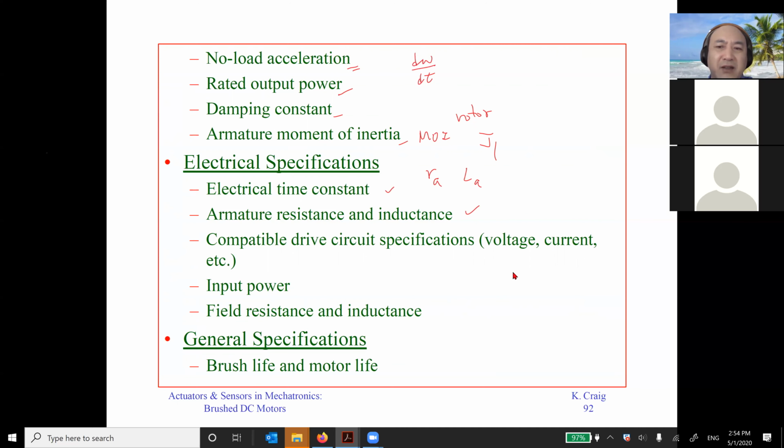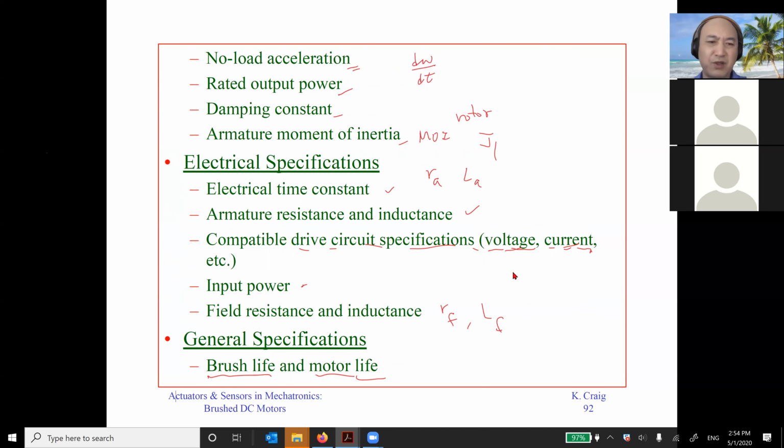And so the voltage, current, and compatible drive current are specifications, so you should not go outside the range. Input power, field resistance RF, LF. Other things like brush life: how often you should change the brush and how often you change the motor.